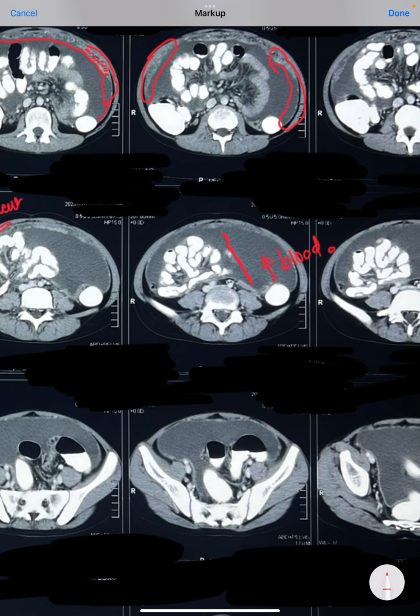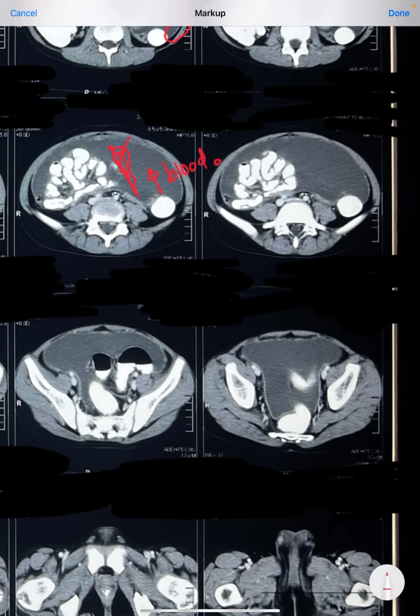But if the peritoneum is inflamed, automatically the blood flow will increase, so the contrast will accumulate more and it will appear more white. What we call enhancement of the peritoneum.